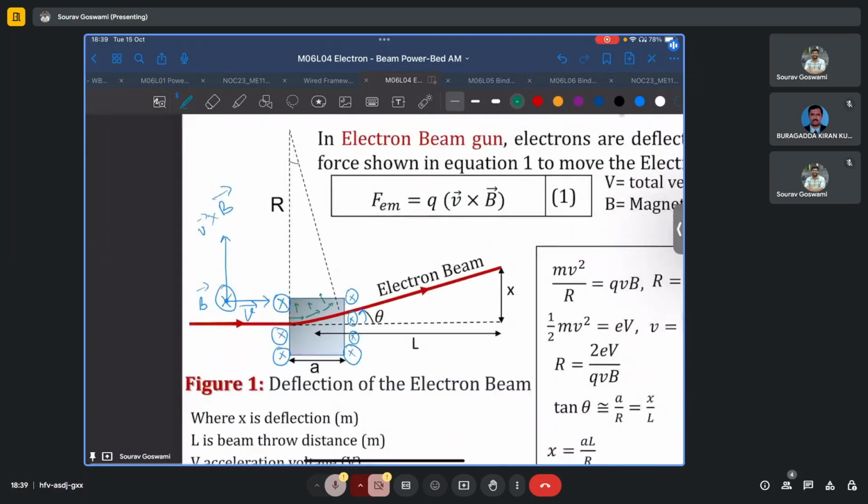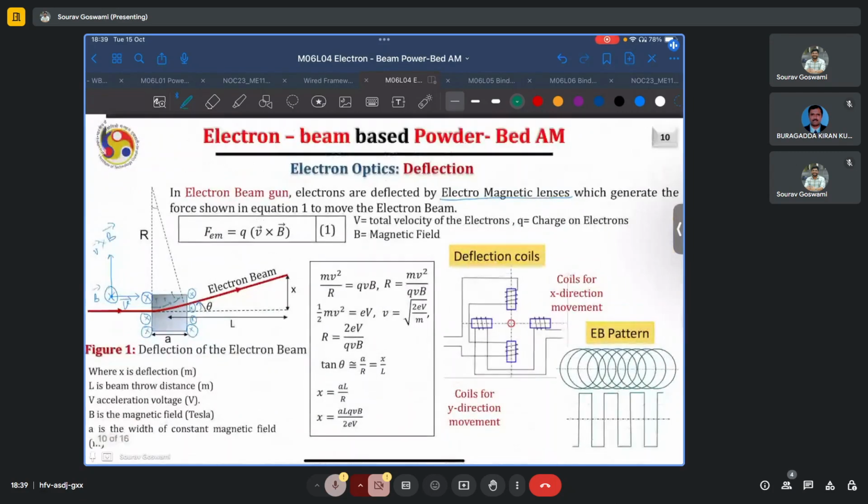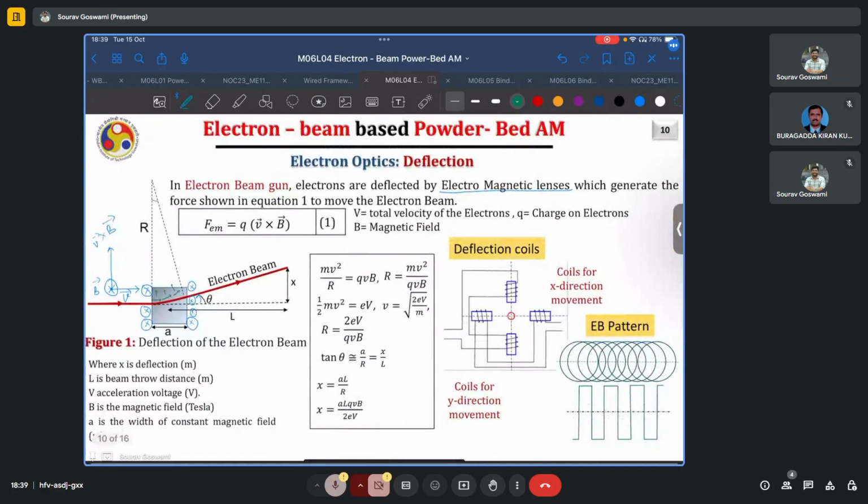And this is somewhat analogous to how the centripetal force acts on any particle or any body which moves in a circular path. And so the locus of the path of the electron can be considered to be that of a circle.